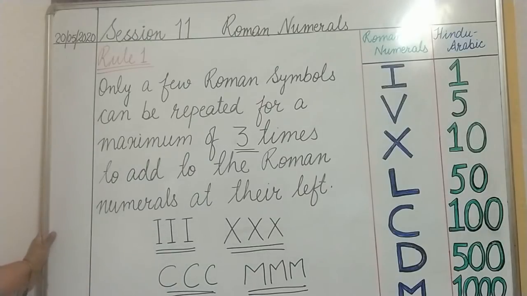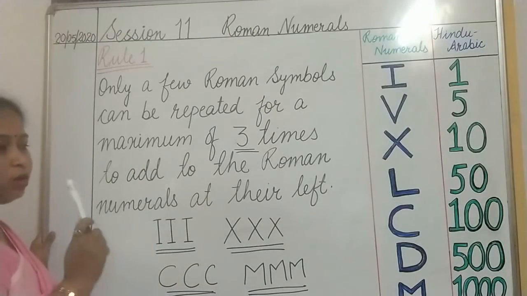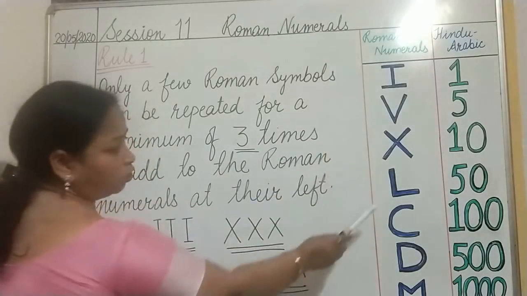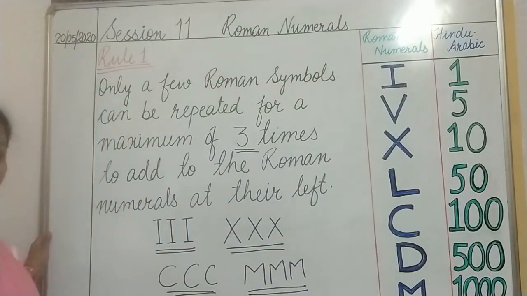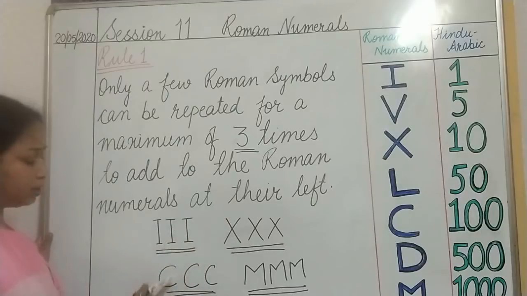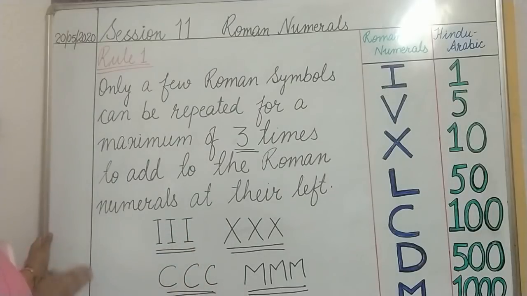I have not at all touched V or L or D. I'll tell you later, as we are taking up rules one by one. So, I have taken the symbols I, X, C, M. Only these symbols can be repeated, and you are going to repeat them at most 3 times. So, this leads to the second rule. That's what I am going to show.